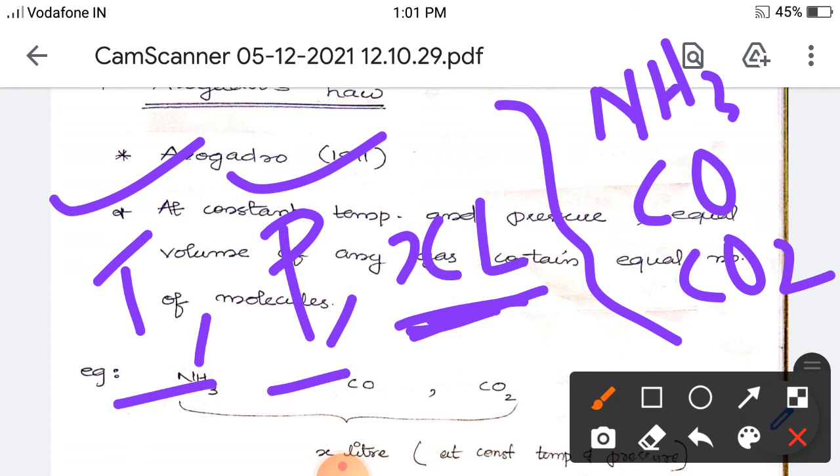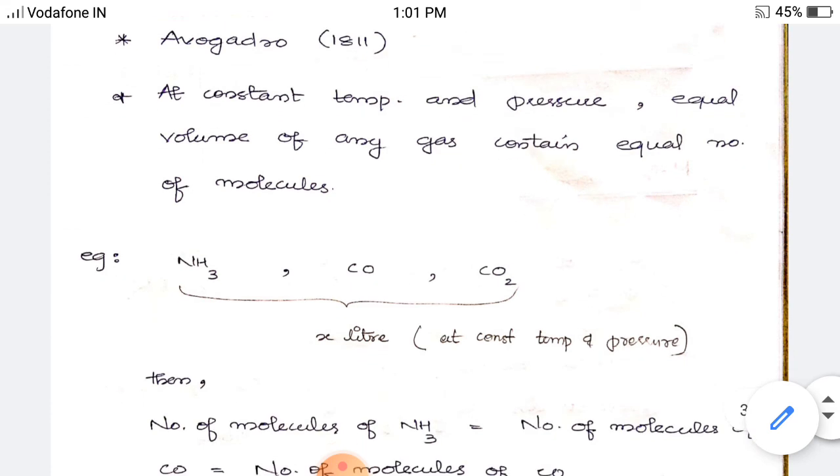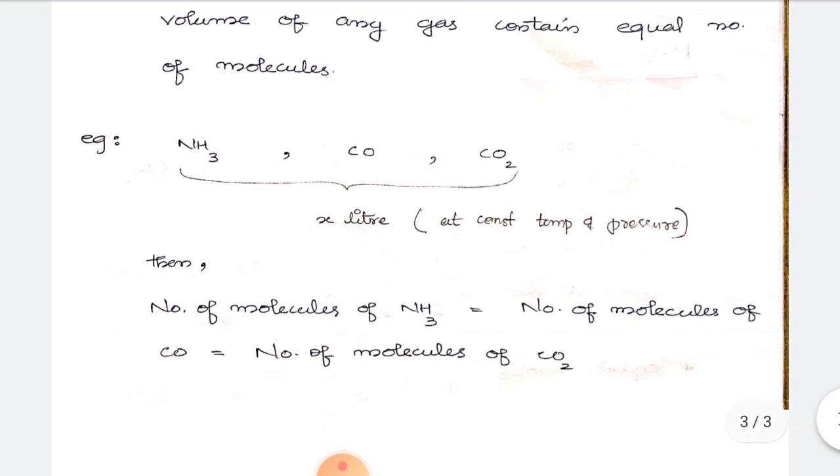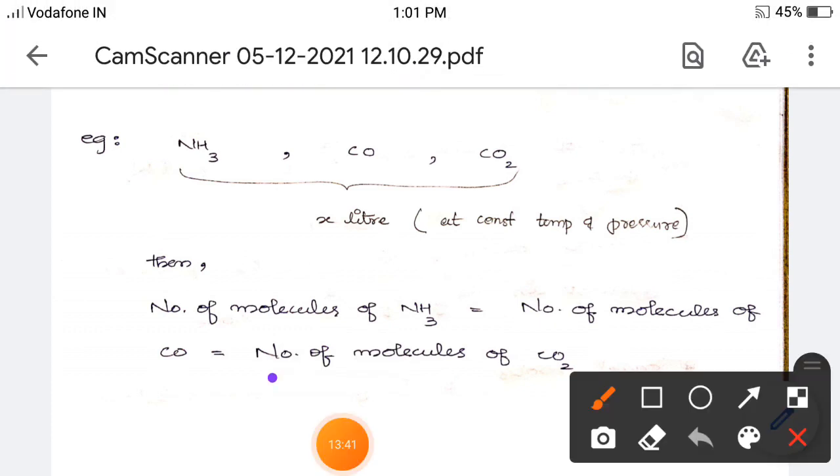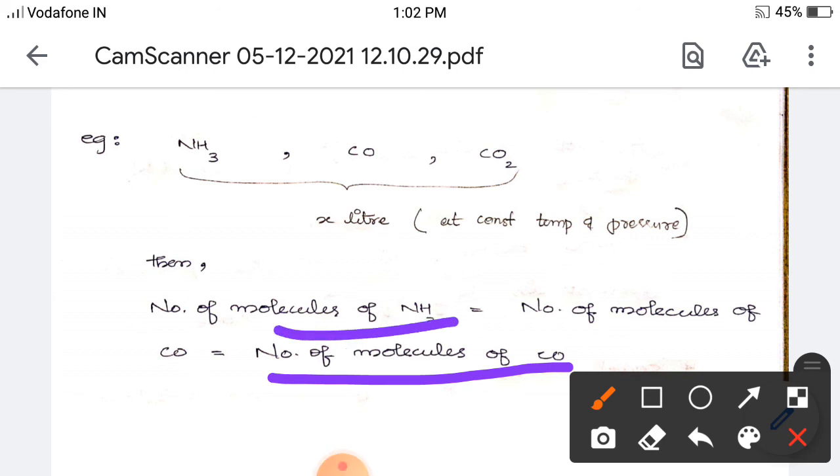So the number of molecules of ammonia is equal to the number of molecules of carbon monoxide, equal to the number of molecules of carbon dioxide.